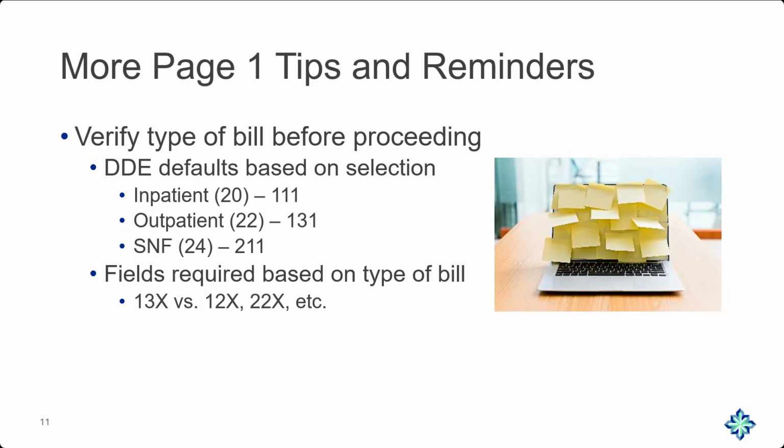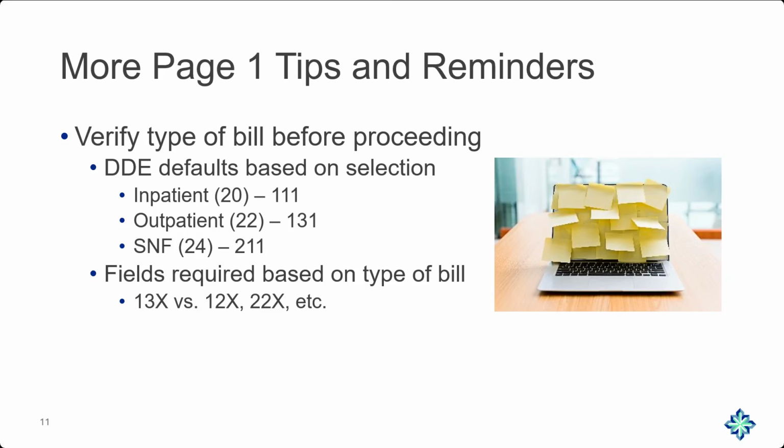Couple more tips here. When page 1 of the claim appears, FIS, which is the Fiscal Intermediary Standard System, automatically inserts default information into the type of bill field and the status location field.